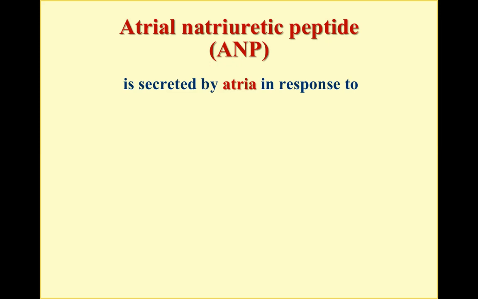Atrial natriuretic peptide, as the name shows, is produced by atria, and it's produced in response to higher atrial pressure and blood volume. Actually, the immediate stimulus is great stretching of atrial cells, but this great stretching occurs when blood volume is too high and atrial pressure becomes increased.